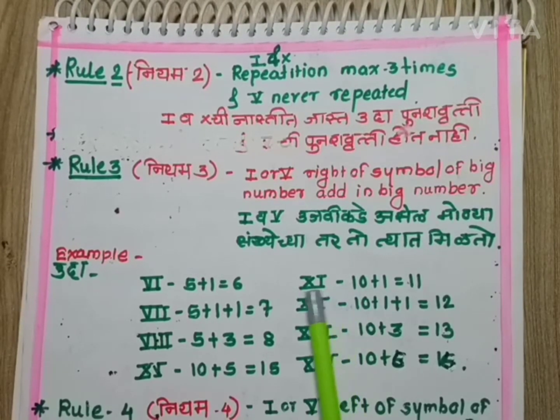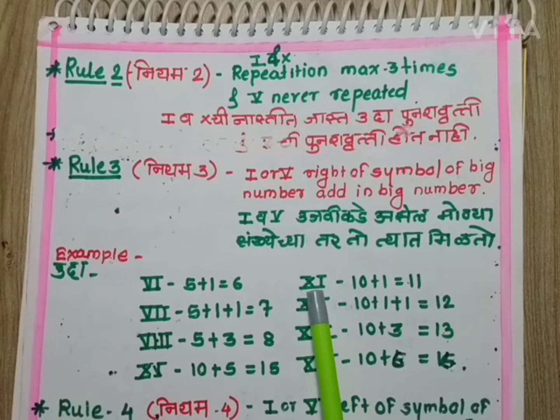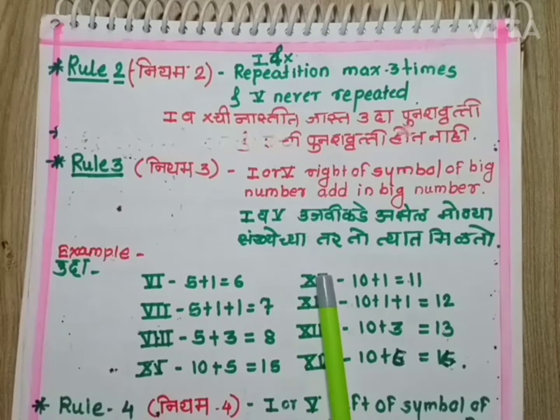Here x is greater than I. Therefore, the bigger value is x, and we know that the value of x is 10, and the I is on the right side of x.